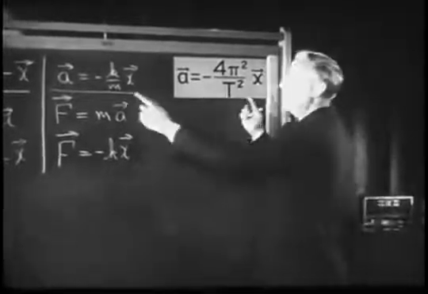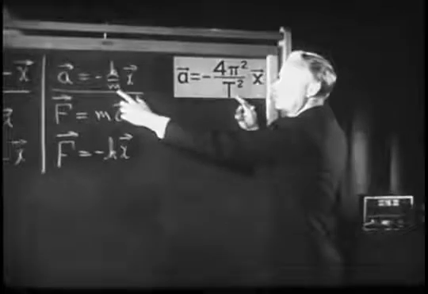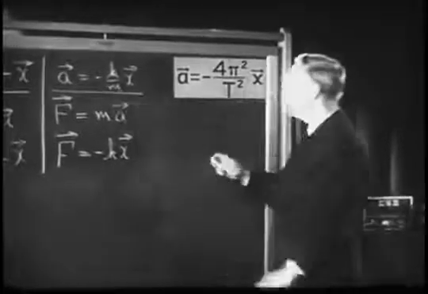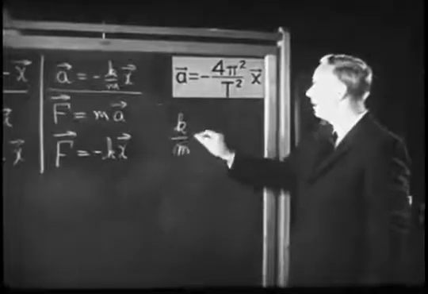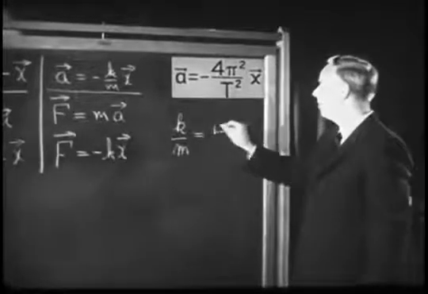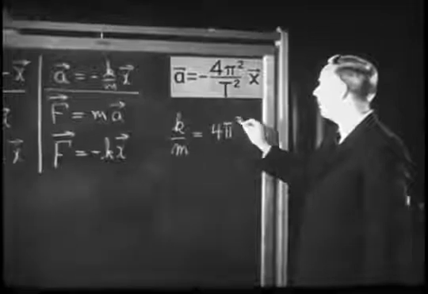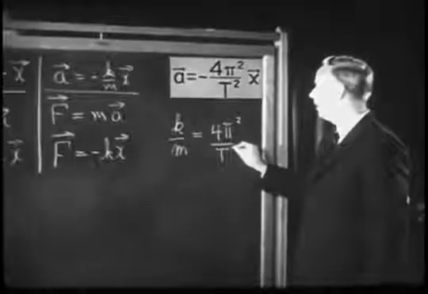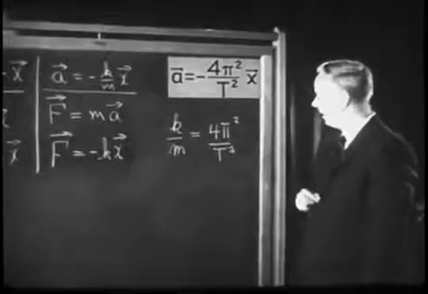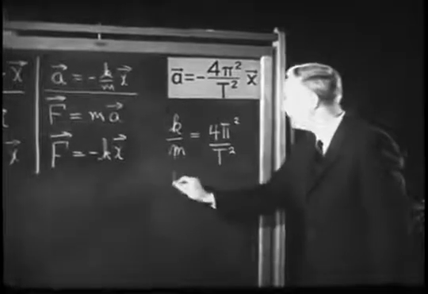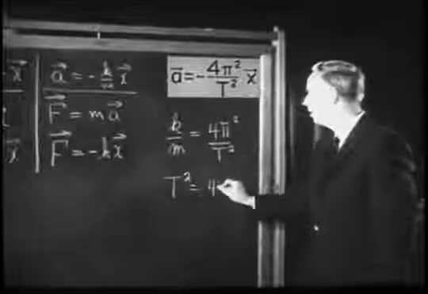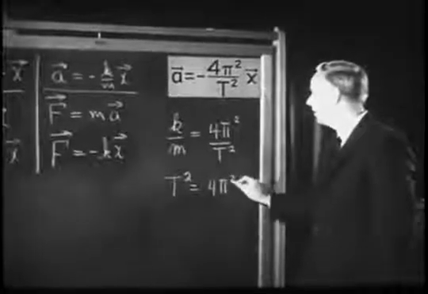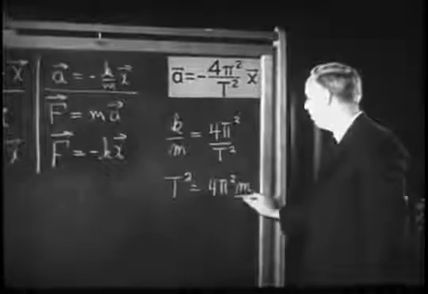So in his expression, mass and force constant appear. Now I'm going to compare these two expressions, and you can see that k over m must be equal to 4 pi squared over T squared. This means that T squared is equal to 4 pi squared m over k.